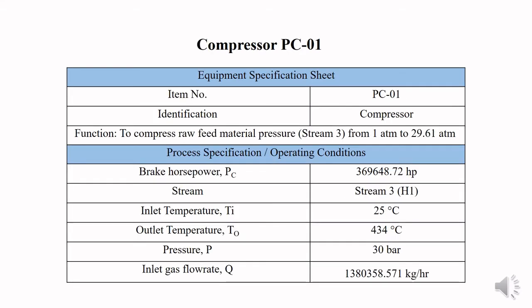Next is the equipment specification sheet for compressor PC01, and the function of PC01 is to compress raw feed material pressure, which is stream 3, from 1 atm to 29.91 atm, and the brake horsepower of the compressor that we get from the Aspen simulation is 369,648.72 horsepower, and the other details are as stated in the slides.